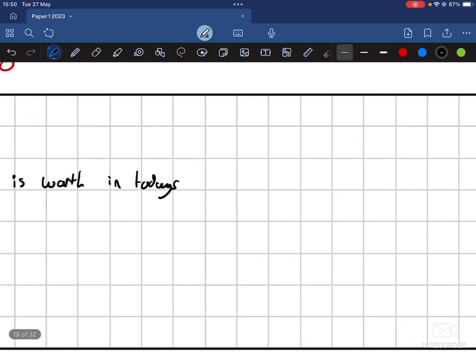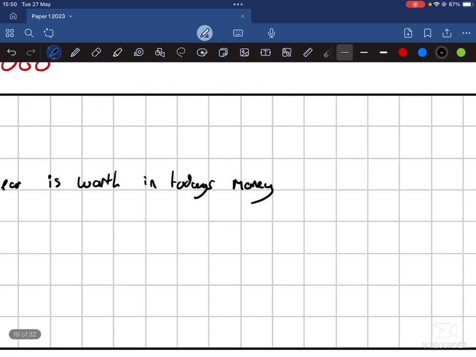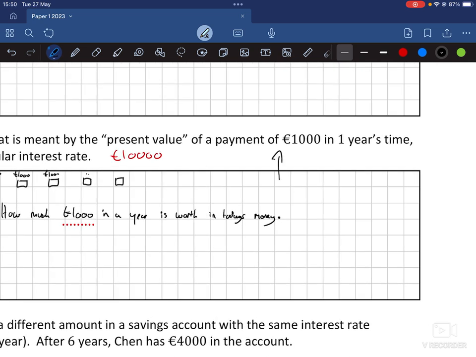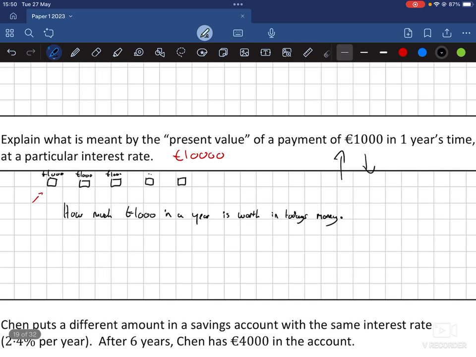In today's money. That's basically it. Because the interest rate will make it go up to 1,000. So it's whatever it is before interest. And then in the American scheme, it says something similar, how much should be invested. Yeah, it's the same thing. How much 1,000 is worth in today's money.